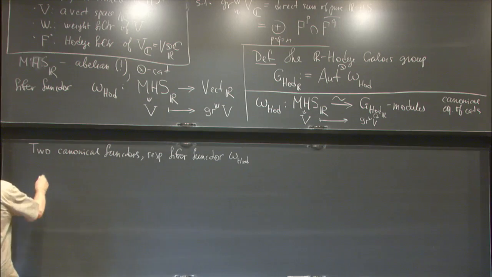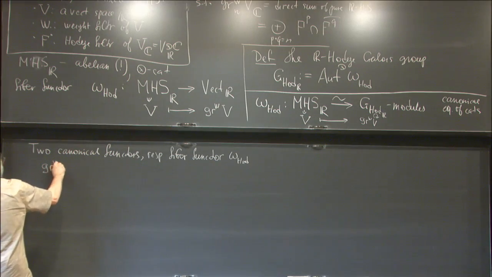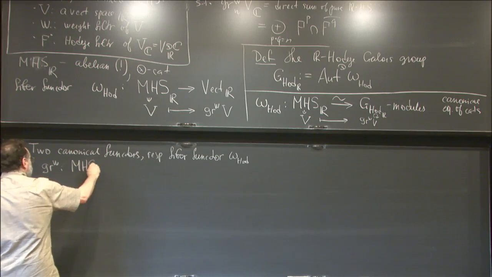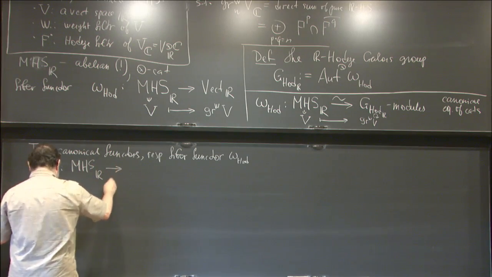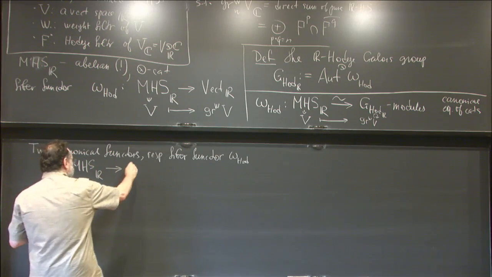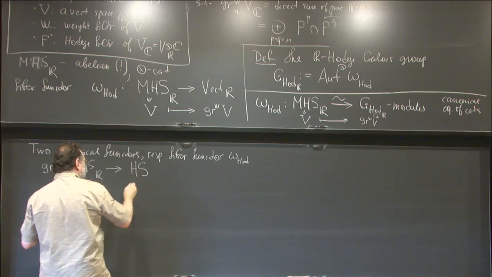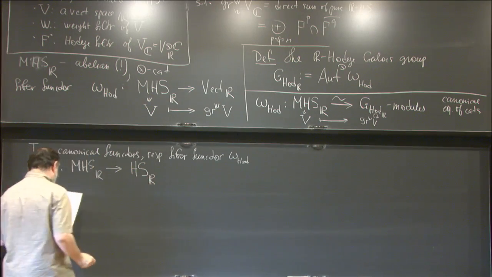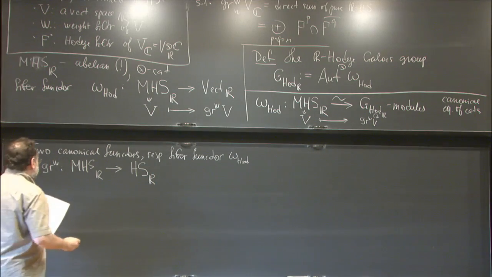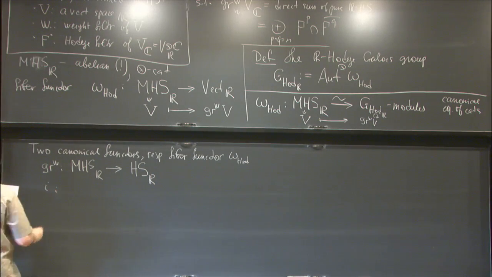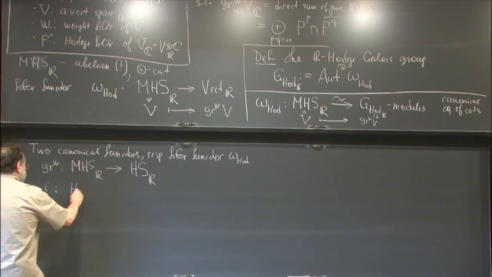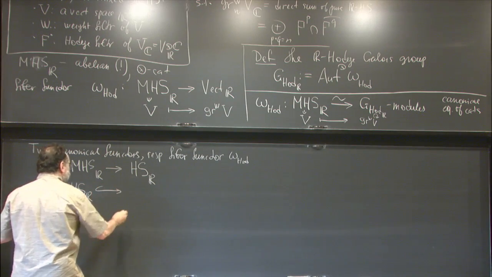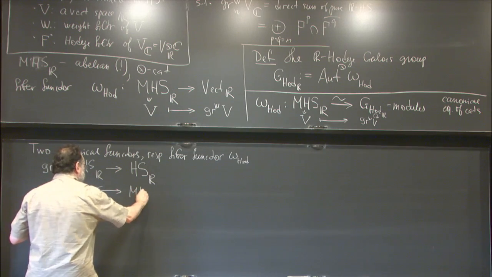So first of all, we have a functor Gr W, which takes us from mixed Hodge structures over R to just Hodge structures, I mean direct sums of pure Hodge structures, which by abuse of notation we call pure Hodge structures over R. And on the other hand, we have the functor back, which takes a Hodge structure and considers it as a mixed Hodge structure.